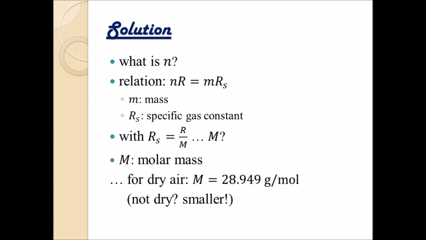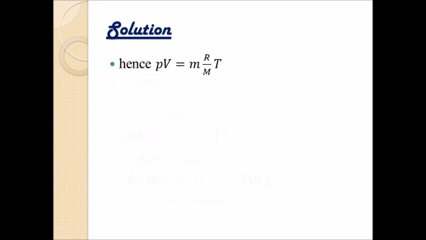So we may have just introduced a couple of different variables and equations, but if we put all of them together, we see that the product of pressure P and volume V equals M, the mass, multiplied with R over M, both are constants, and multiplied also with the temperature T. So we basically have the relation between 4 variables, and in addition we have these 2 constants given.